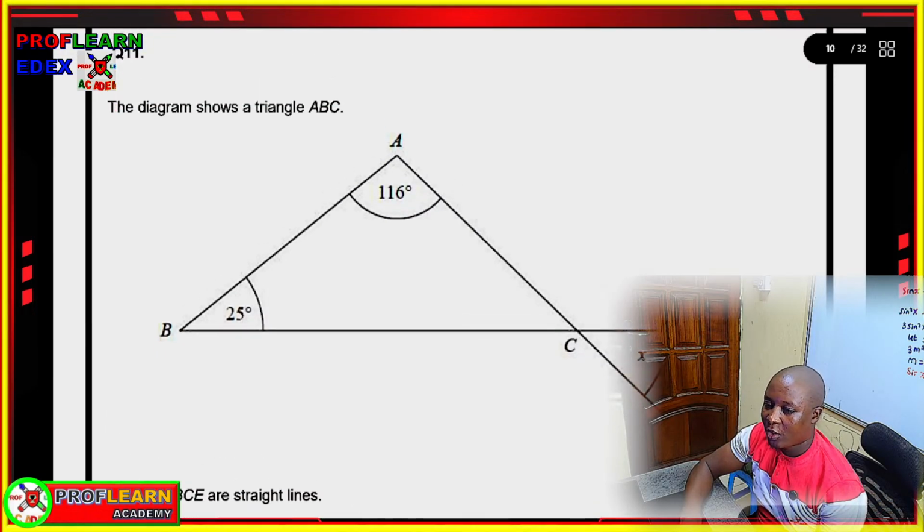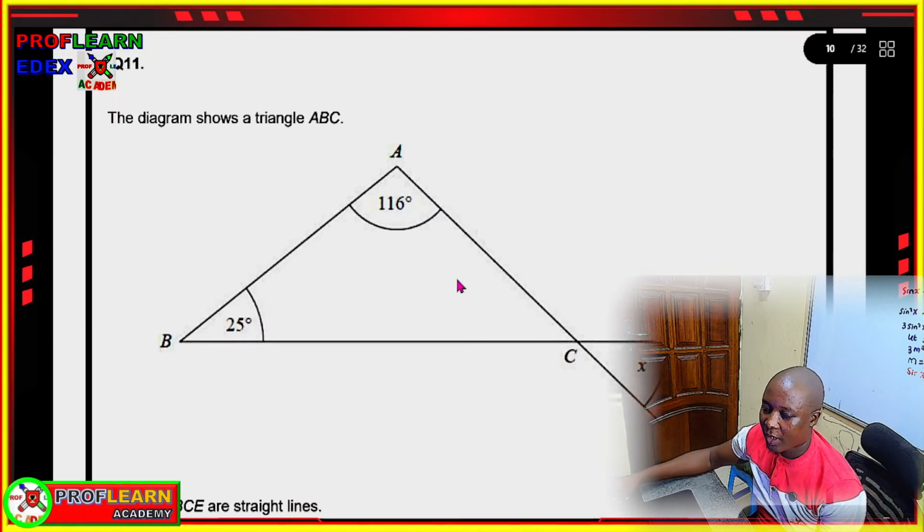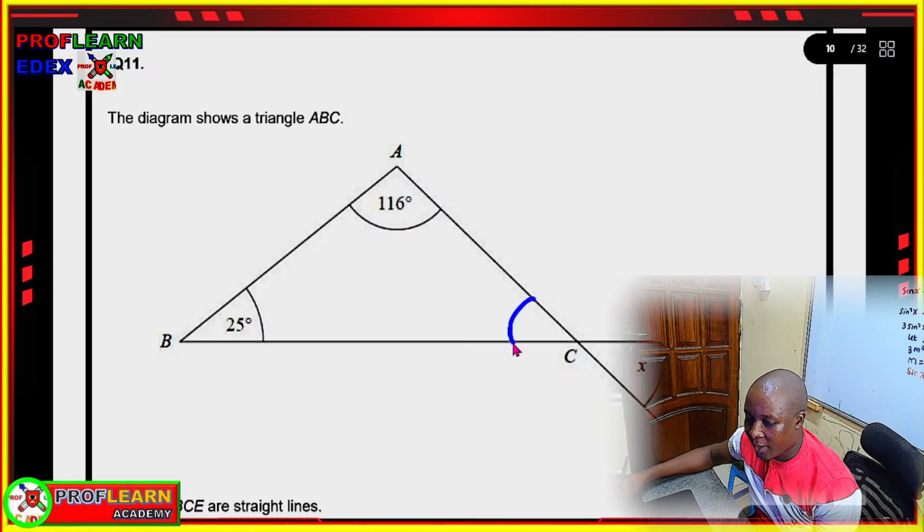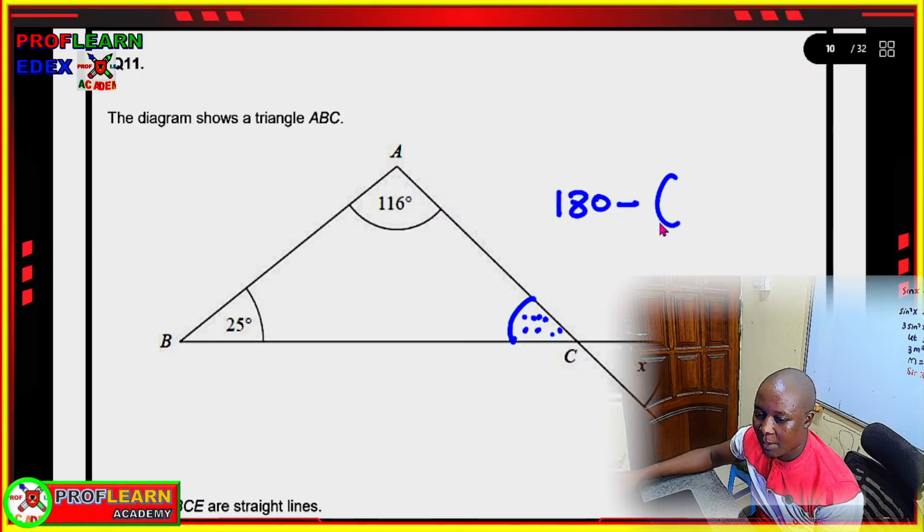Now, in the event you have a triangle like this, you need to understand that for you to find this angle here, you need to use angles in a triangle add up to 180. So it will be 180 minus the sum of these two angles, which is 116 plus 25.